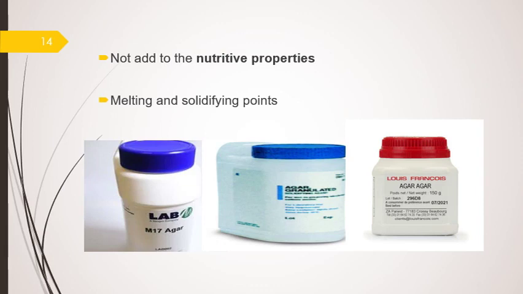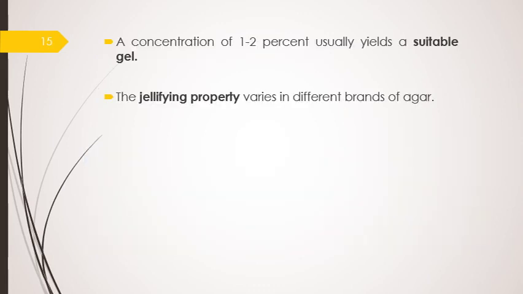As far as the melting and solidifying points of agar are concerned, mostly agar melts at about 95 degrees centigrade and solidifies only when cooled to about 42 degrees centigrade. So for the preparation of a suitable gel from agar, a concentration of about 1 to 2% is usually required, but the manufacturer's instructions should be followed.